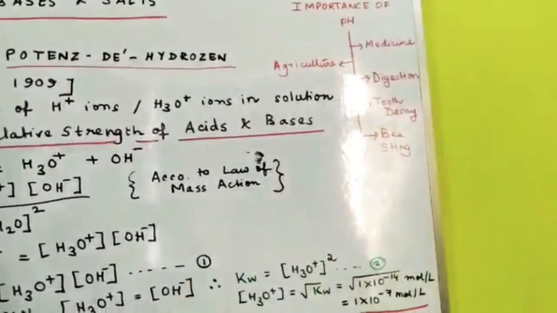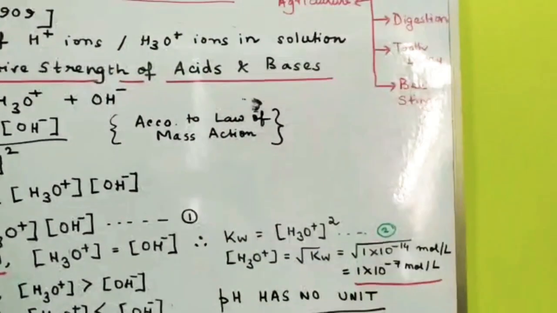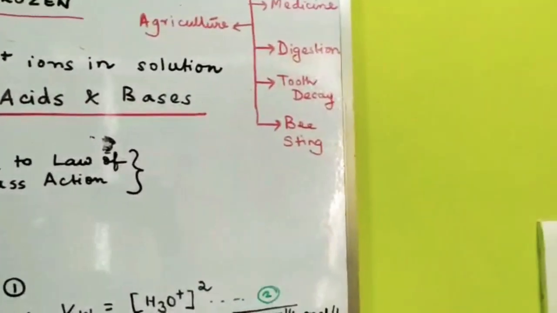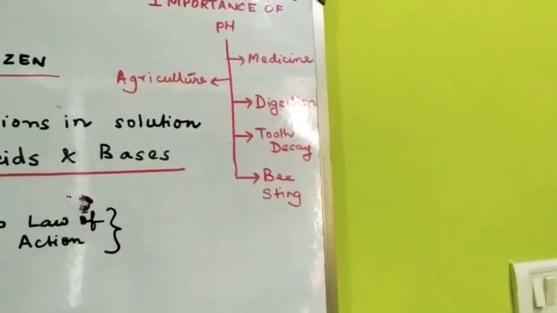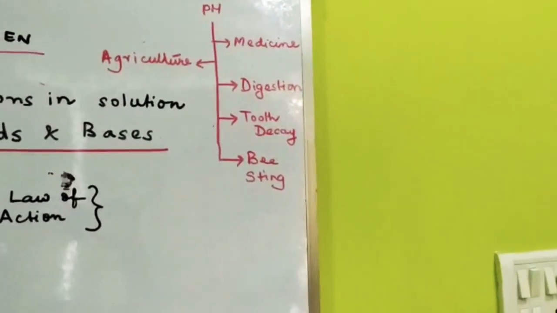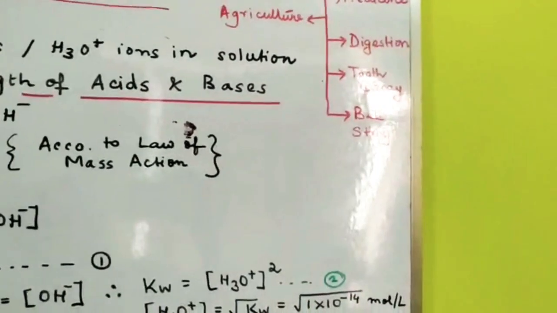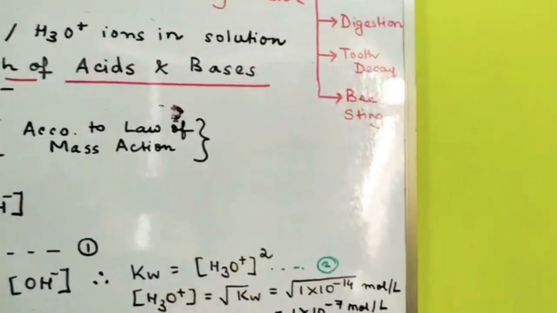For digestion, you know that when we overeat or have some very spicy food, we have indigestion, so we take ENO or milk of magnesia to neutralize it. Tooth decay is also related to pH.